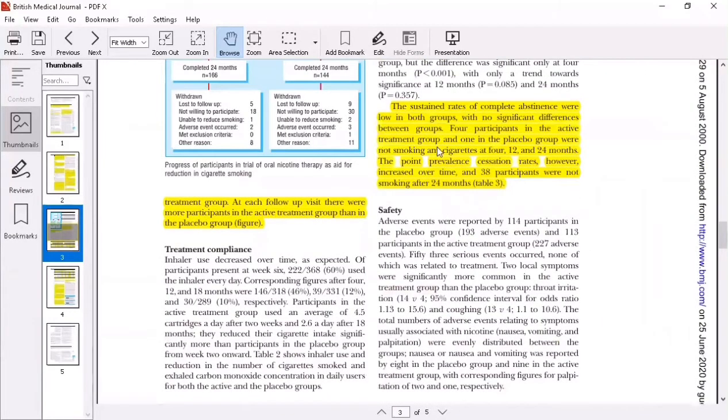And then that is checklist number 14B. It's about reasons for stopping the trial, why the trial ended or was stopped.